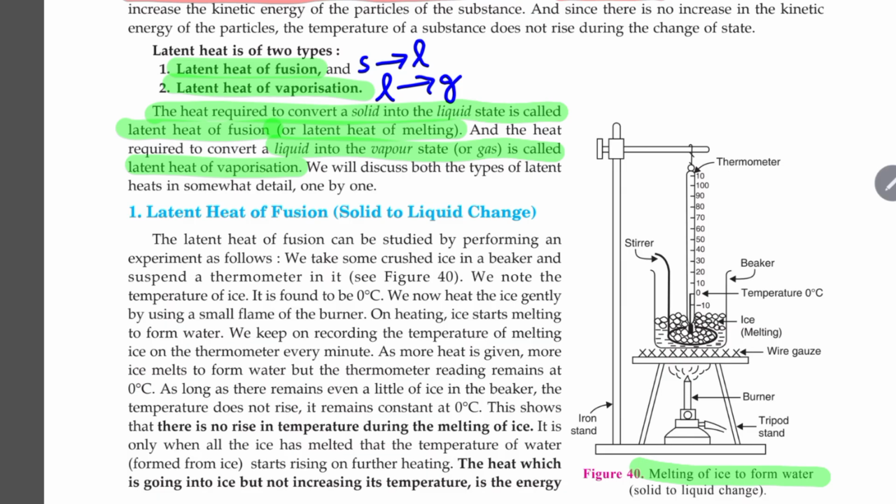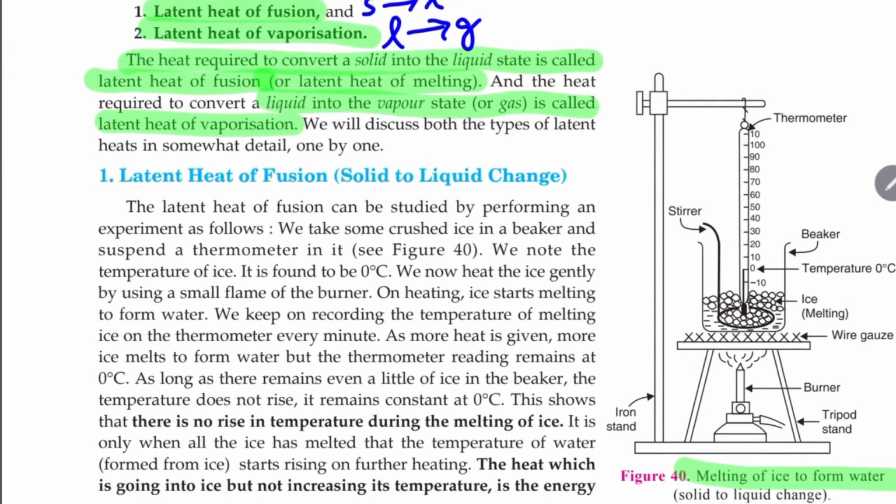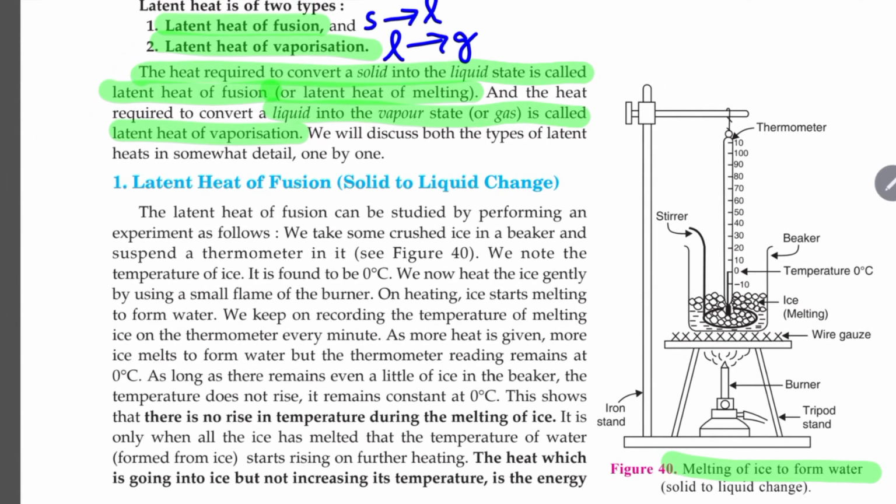So the latent heat of fusion can be studied by this experiment. We have to take some crushed ice in a beaker and fix a thermometer to it. Now we note the temperature of ice. It was found to be 0 degrees Celsius.